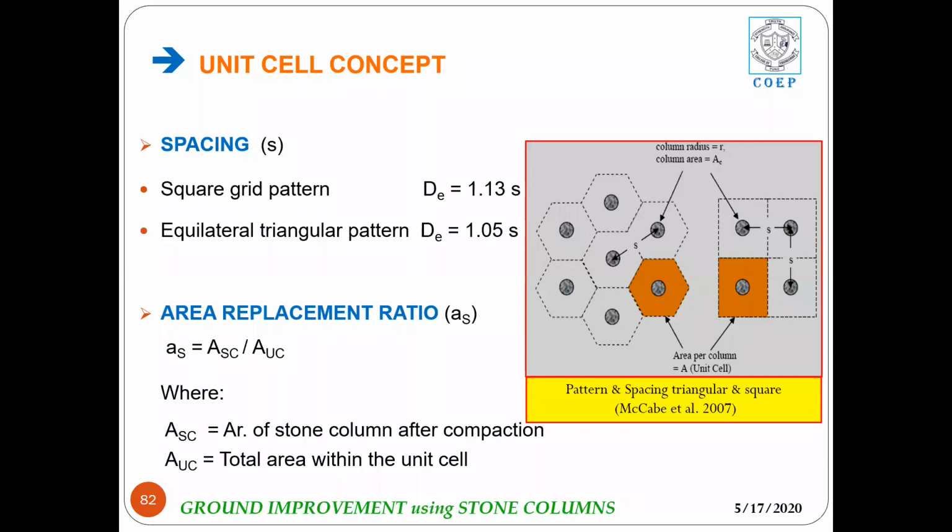If we provide bigger replacement of soil by a greater amount of aggregates, obviously the strength will increase. And if the replacement of the soil is on a lower side, the strength of the stone columns will not be achieved as per the design suggested. So area replacement ratio has to be taken into account, and it is an important factor controlling the design as well as functioning of the stone columns.